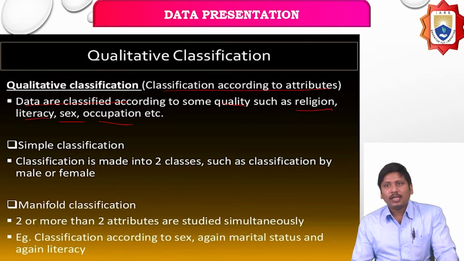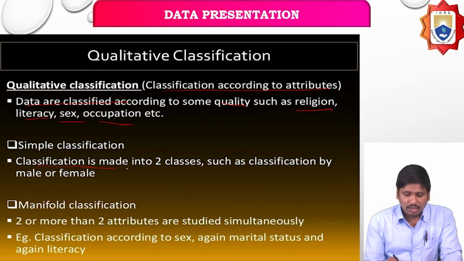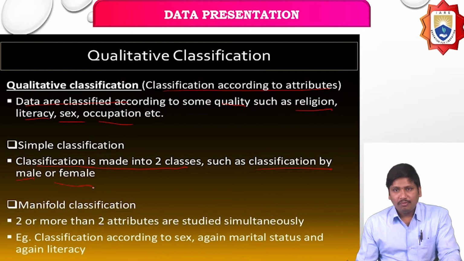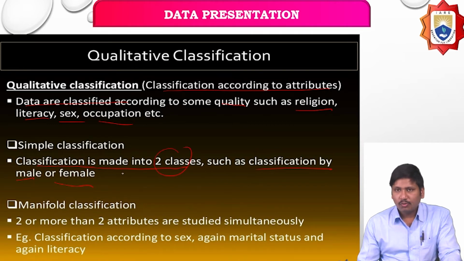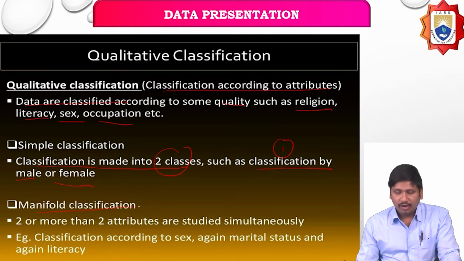Again, this qualitative classification is divided into two categories. The first one is simple classification, and the second one is manifold classification. Simple classification means the classification is made into two classes, such as classification by male or female. The second one is manifold classification.